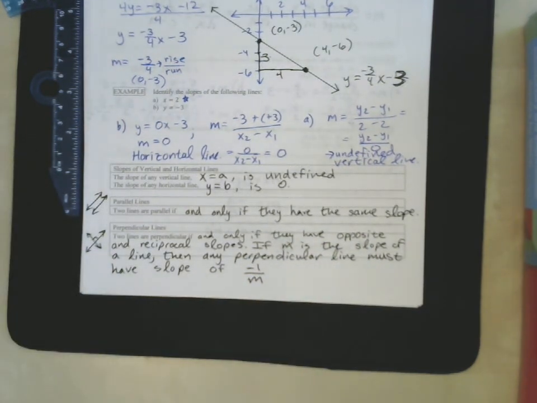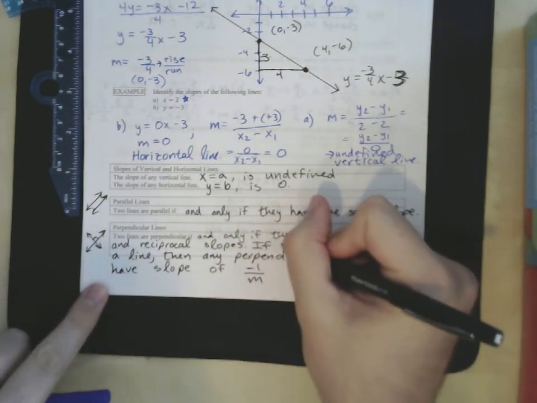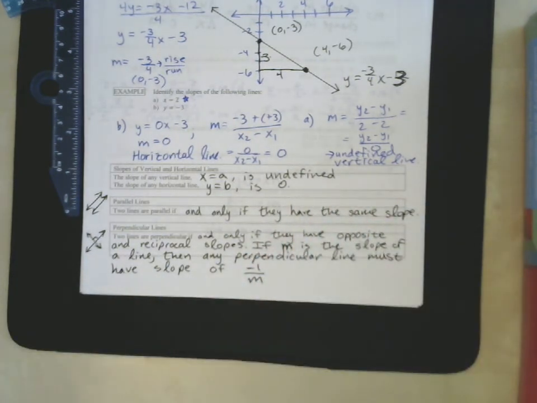So much more unique. So if you have your slope m, you make it negative, you switch the sign, and you divide it. You put it on the bottom of a fraction, divide 1 by that number. And that gives us this nice perpendicular line.